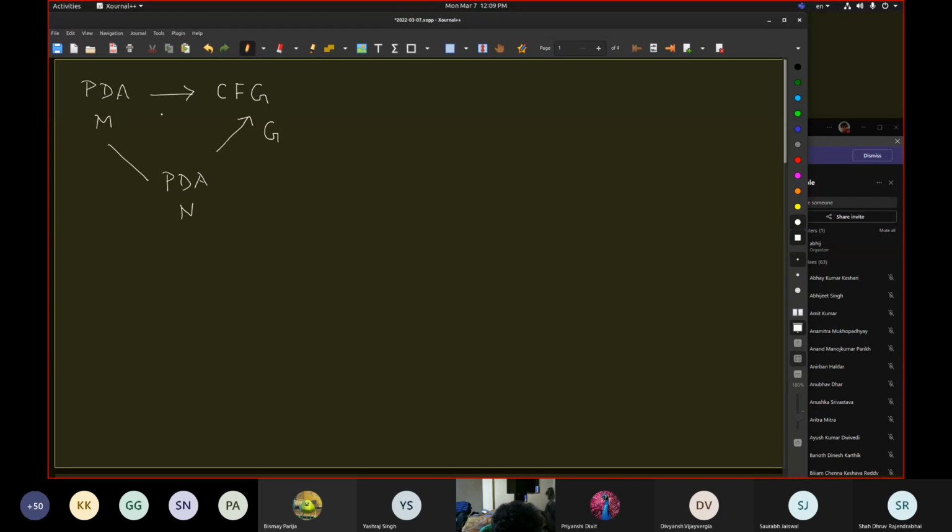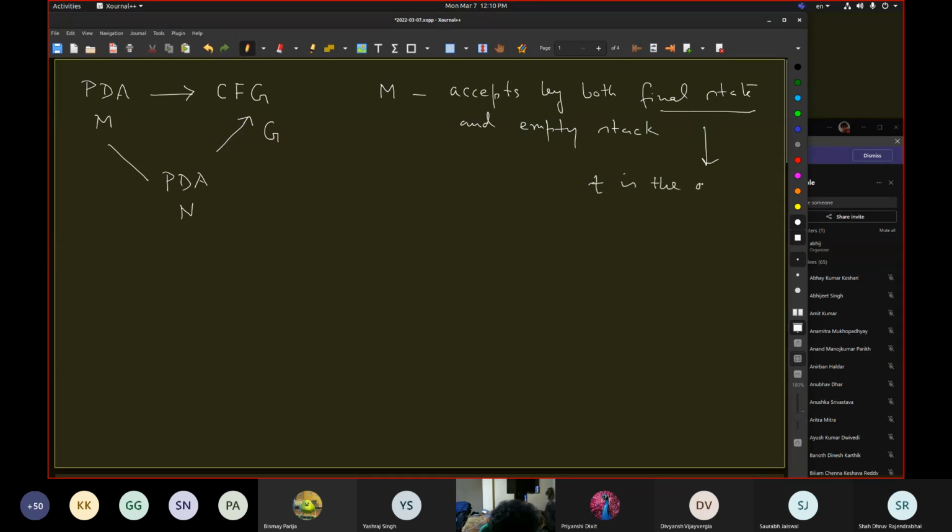Okay. So M, I make some assumptions, accepts by both final state and empty stack, and I assume that T is the only final state.